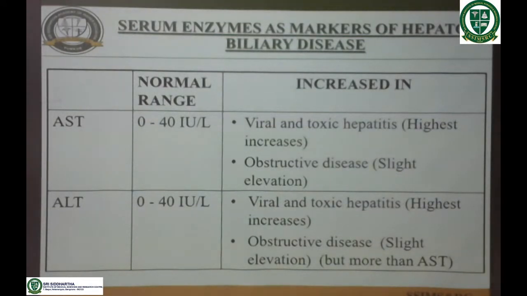When it comes to ALT, in viral and toxic hepatitis the highest concentration can be seen. But in obstructive disorders, the slight elevation will be there, and ALT will be higher than AST.